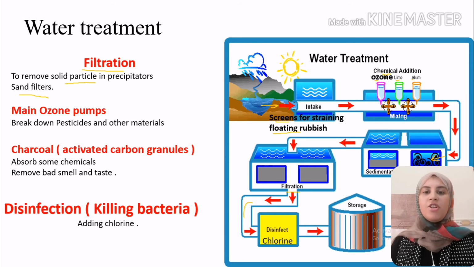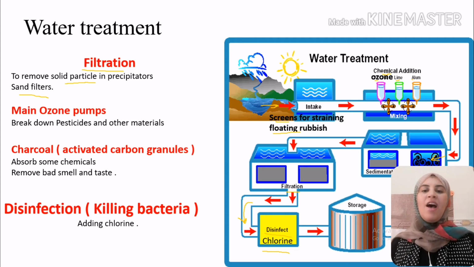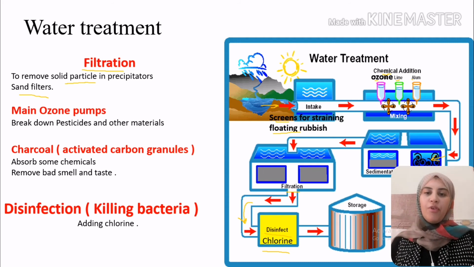After finishing the filtration process, we have the disinfection process, which includes adding chlorine. Chlorine is mainly responsible for killing bacteria. By killing bacteria, the water can be used for drinking. The water is safe for humans and animals.